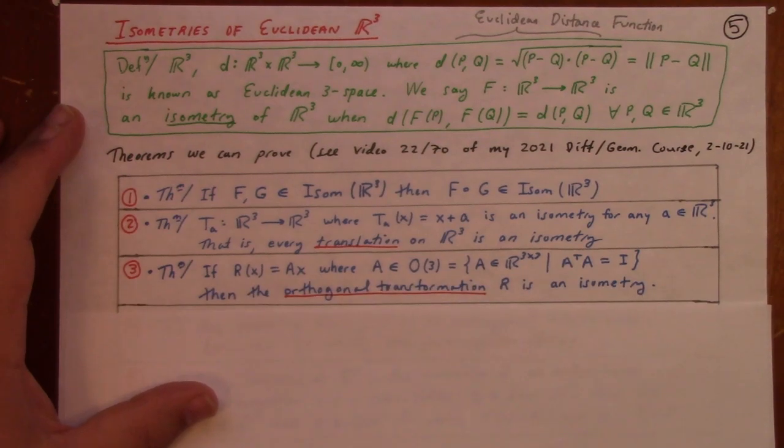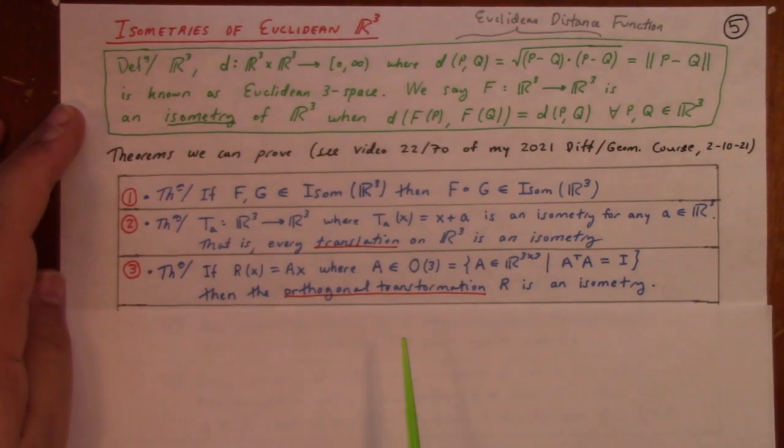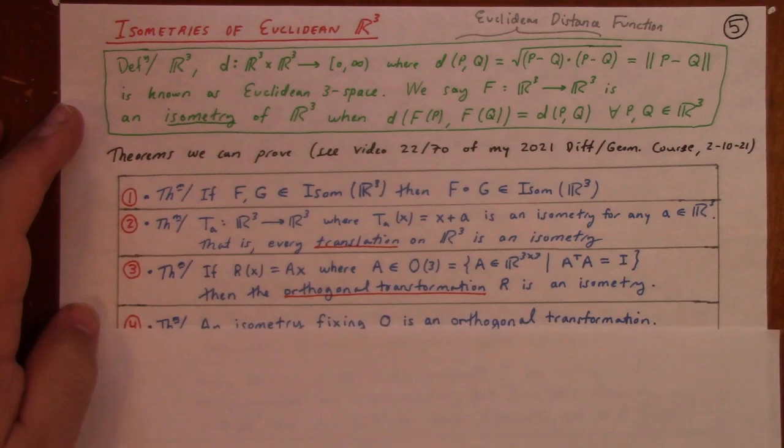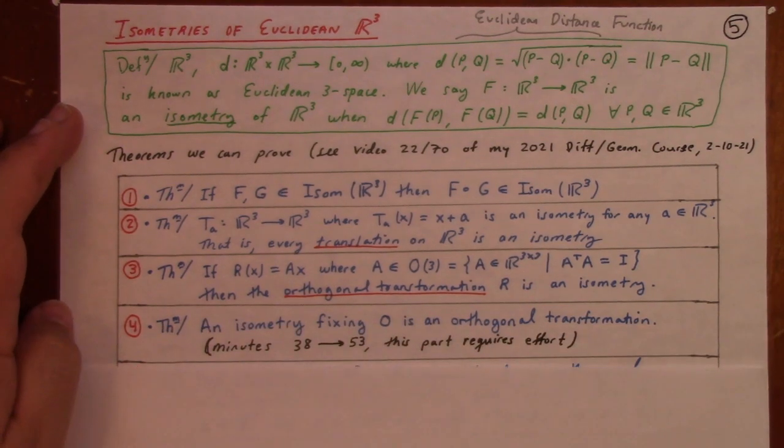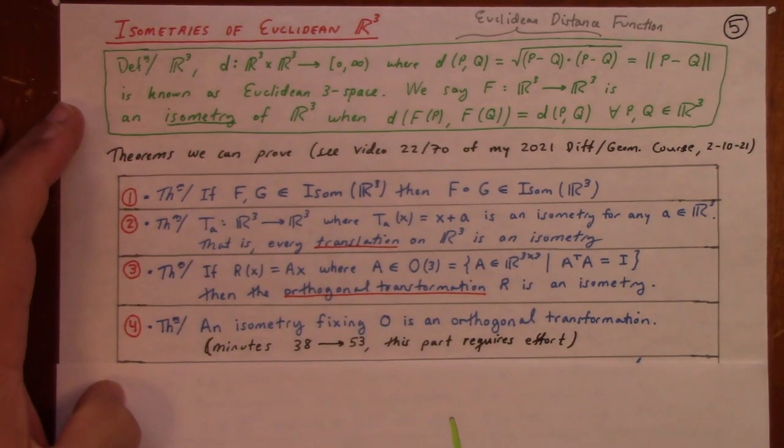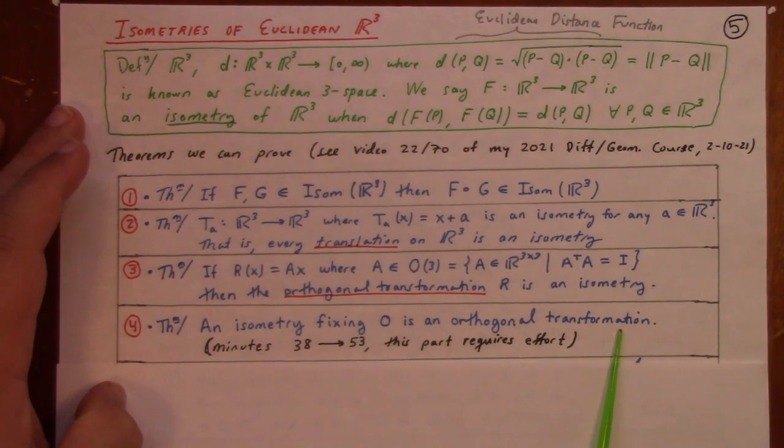If you have a rotation, something of the form Rx equals Ax, where A is a matrix that has A transpose A equals I, then that's an orthogonal transformation, and R is an isometry. And then this one was tough: an isometry fixing 0. If the isometry maps 0 to 0, then it's an orthogonal transformation.